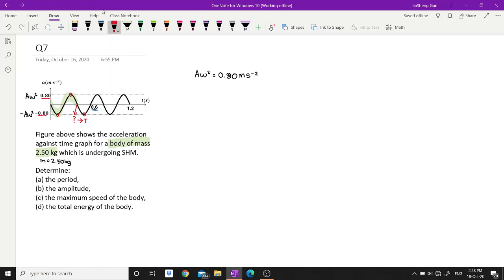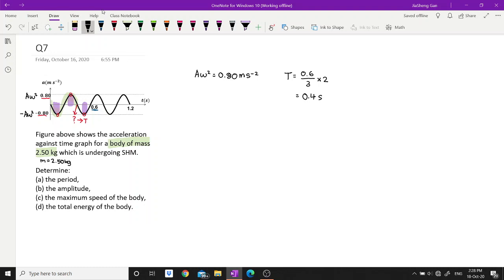It's quite straightforward. If you see here, there's 1 portion, 2 portion, and 3 portion. Only you have 0.6. And for a period, you need 2 portions. So T will be equal to 0.6 divided by 3 portions, times the 2 portions you want, which is equivalent to 0.4 second.